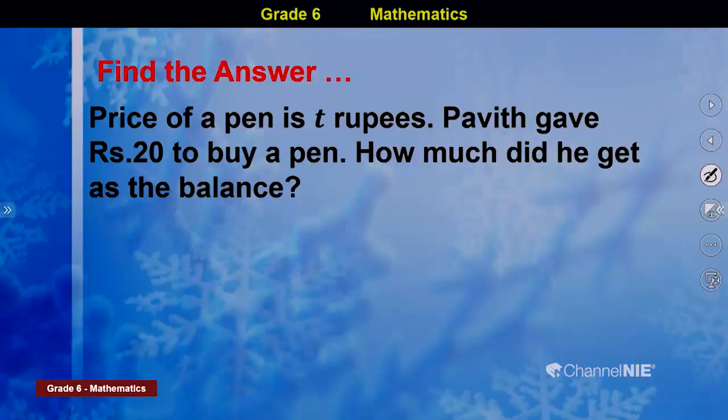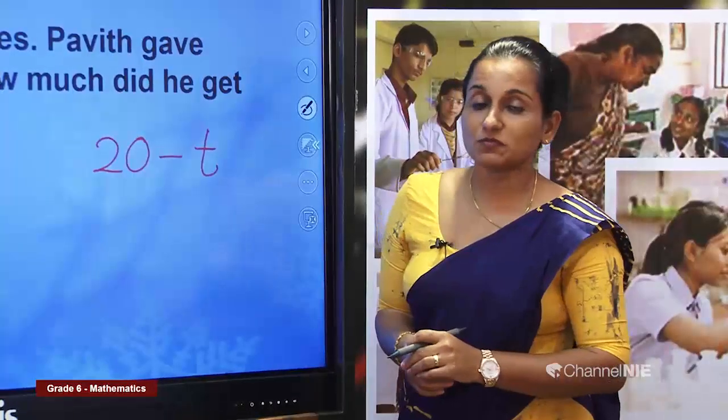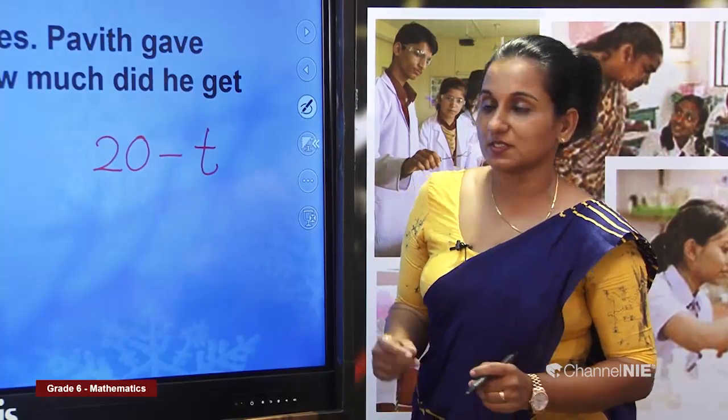The balance should be an algebraic expression. Then what should we do to get the balance? We have to subtract. Pavit gave 20 rupees to buy a pen that costs T. So the balance is 20 minus T. Shall we move to another sentence question?